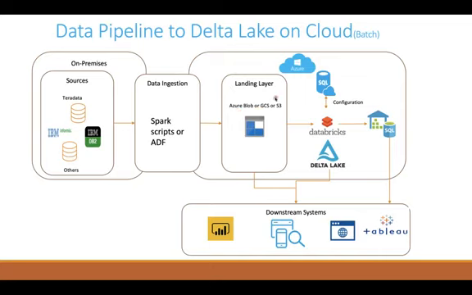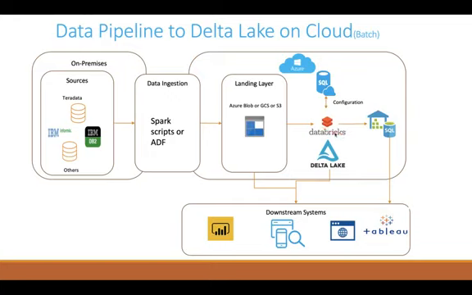Once the data is available in the landing layer, then we will use Databricks to apply various data transformations for data pre-processing. We can apply transformations such as filters, group by, or adding new columns, or casting the data types, or changing the date format, or adding new partition columns, or any other aggregations.